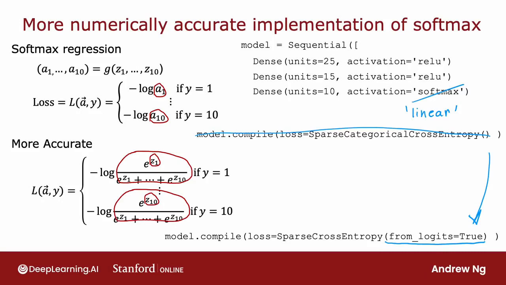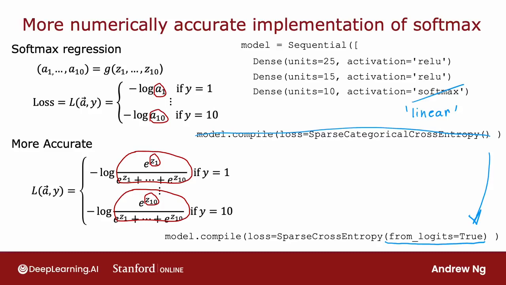The numerical round-off errors for logistic regression aren't that bad, but it is recommended that you use this implementation down at the bottom instead. And conceptually, this code does the same thing as the first version that you had previously, except that it is a little bit more numerically accurate.